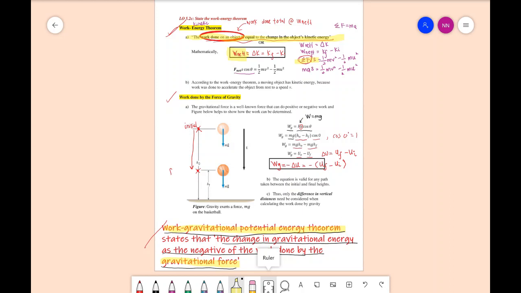So the subject here is work done by the gravity. Work done by the gravity equals negative delta U, where delta U is U final minus U initial.